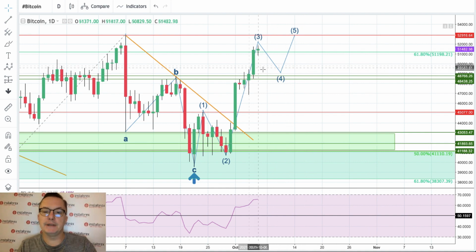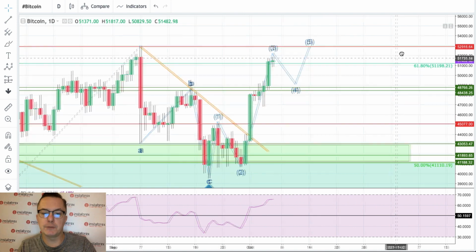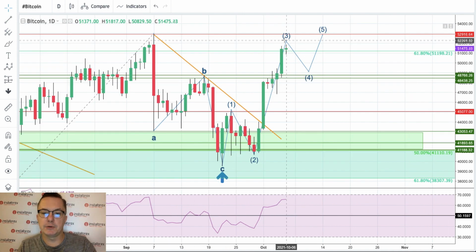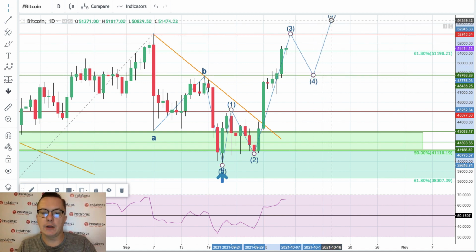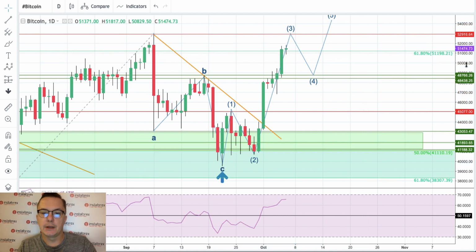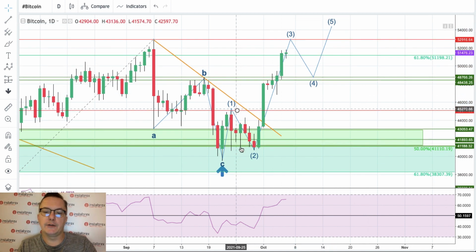So maybe there will be a last push towards 52,916. It should be the next push. This should be a target for wave 3, and then we should expect wave 4 before the impulsive rally in the form of 5 waves to the upside is terminated.